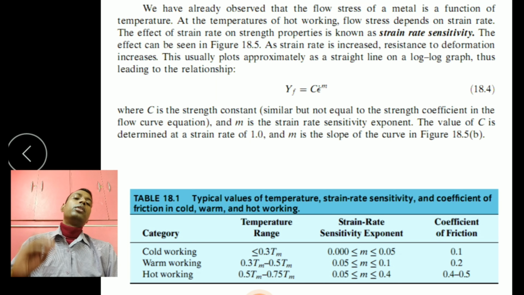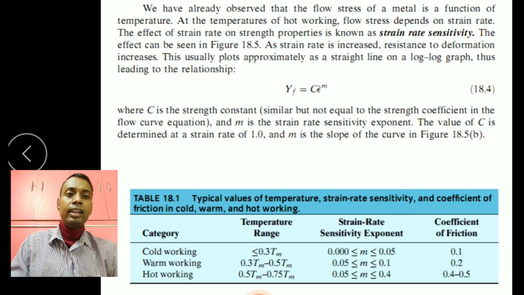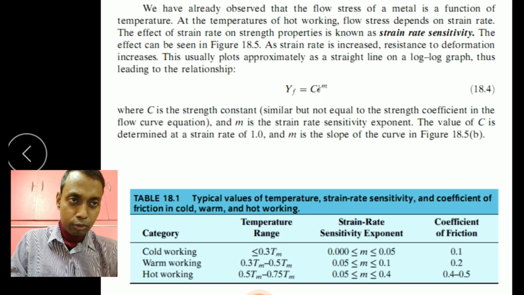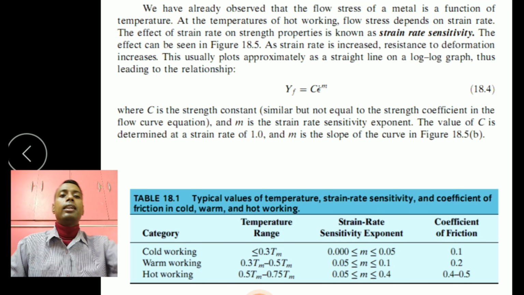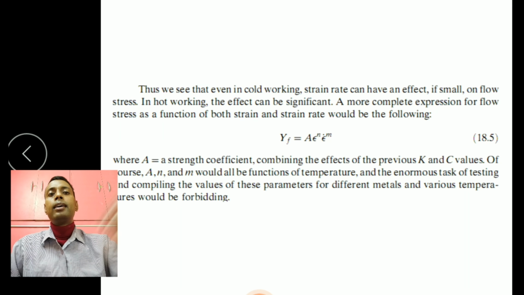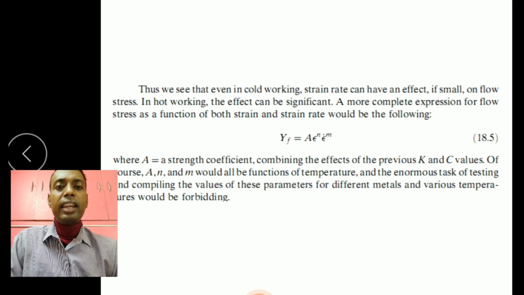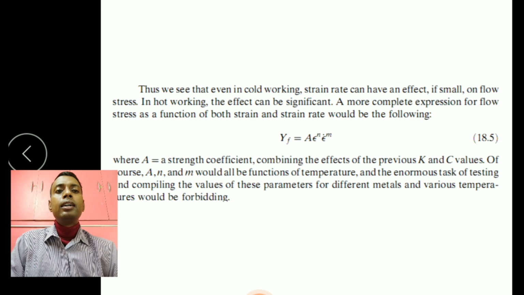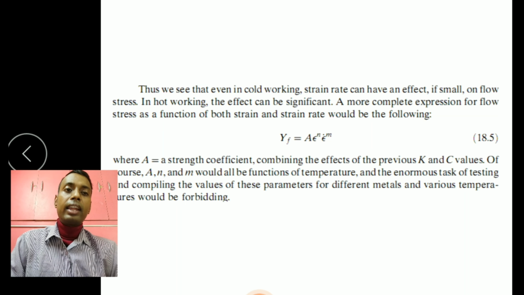Here, when you use cold working, warm working, and hot working, in some temperature range, the strain rate sensitivity exponent and coefficient are given. YF equal to A epsilon to the power n, epsilon dot to the power m. A is the strength coefficient combining the effect of the previous K and C values.